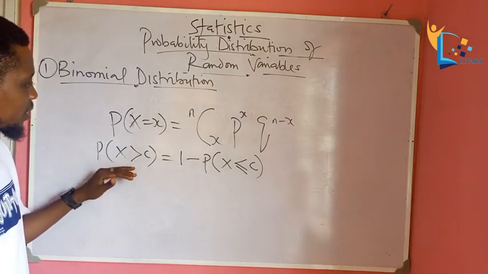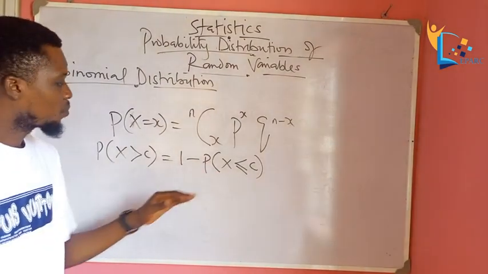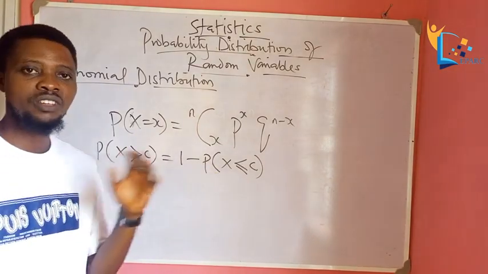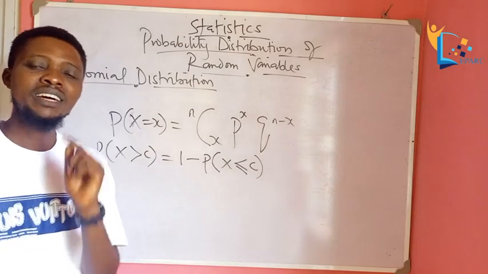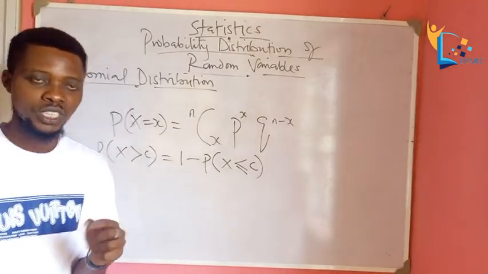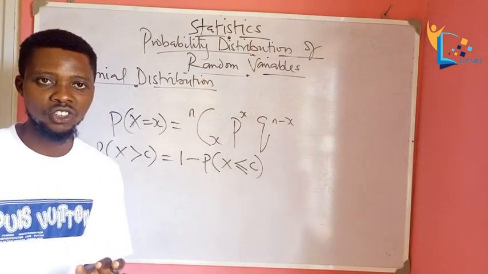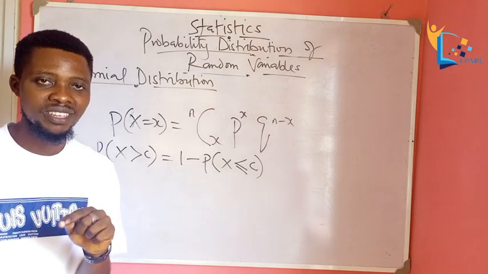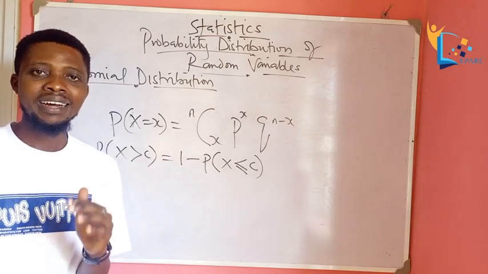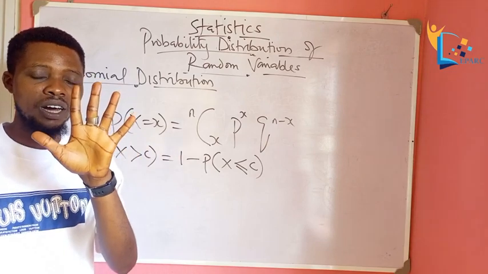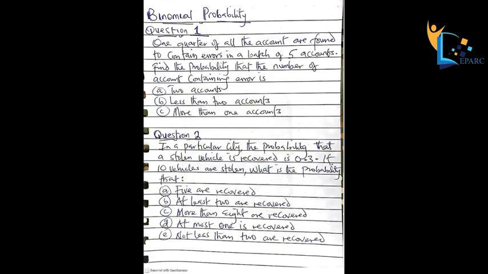If you solve any problem using this route or this route, you still arrive at the same answer. Which one to use depends on the volume of your computation, which we are going to see when solving a problem. And just like I told you, I'm going to display the question on the screen so that you can see it.